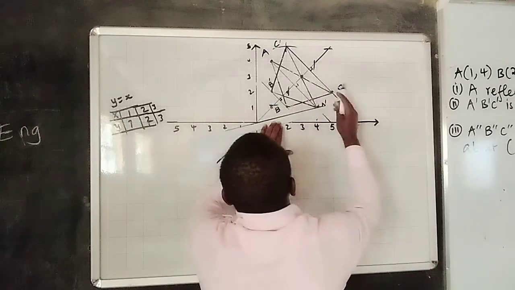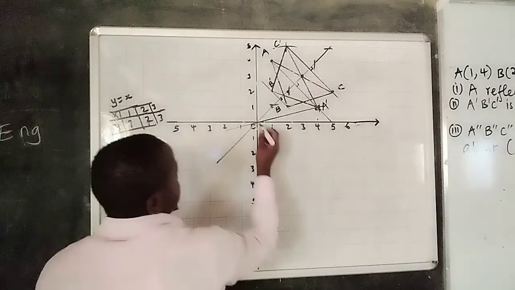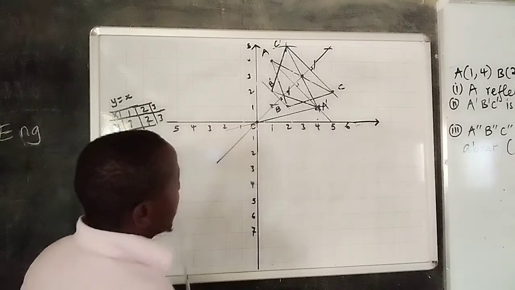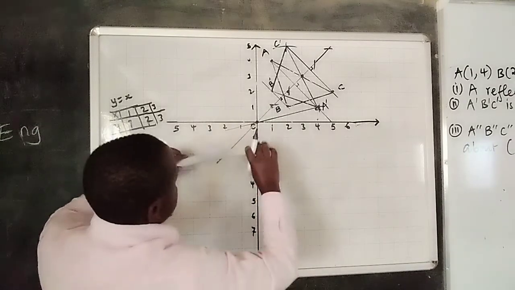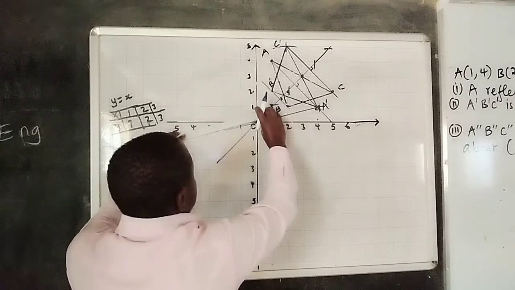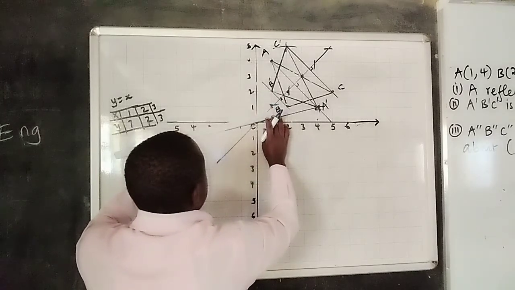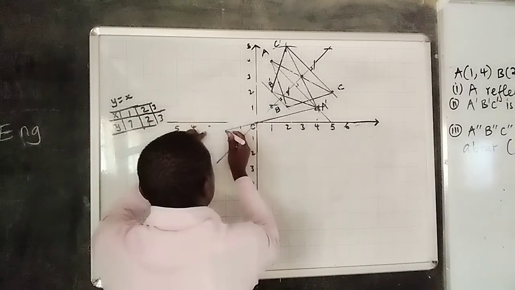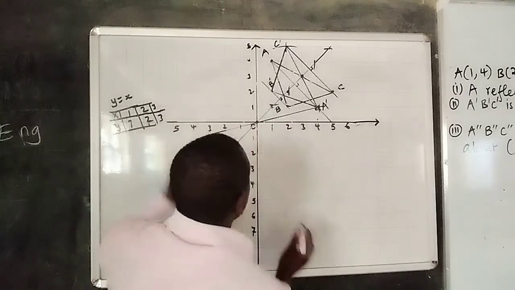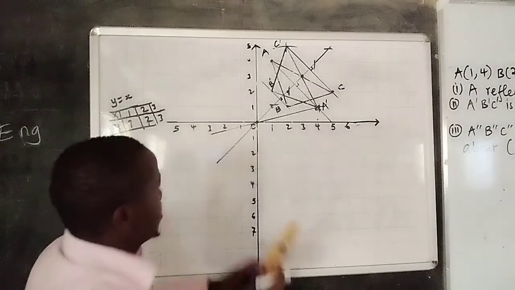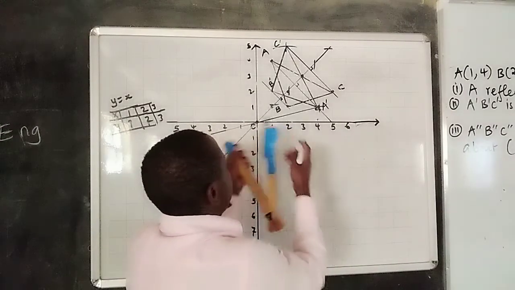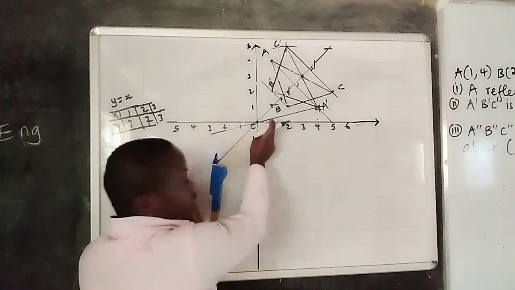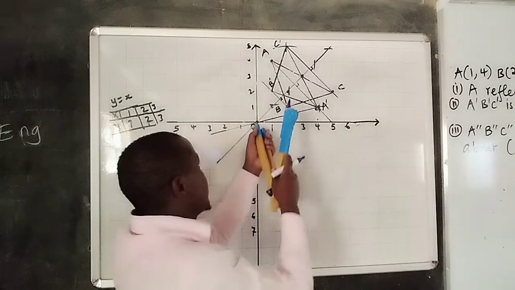So we connect. The center of rotation is the origin. Therefore, to the origin, and we turn 90 degrees anti-clockwise. So from the center, 90 degrees anti-clockwise means this side. So we cannot turn this way. We turn that side, meaning anti-clockwise.